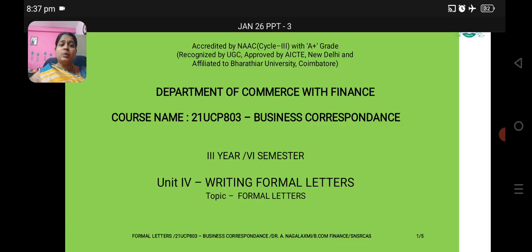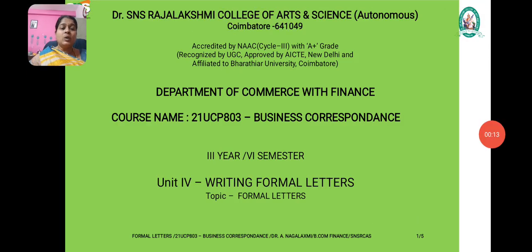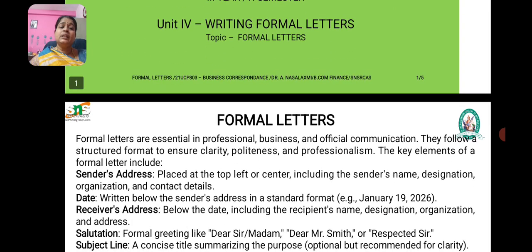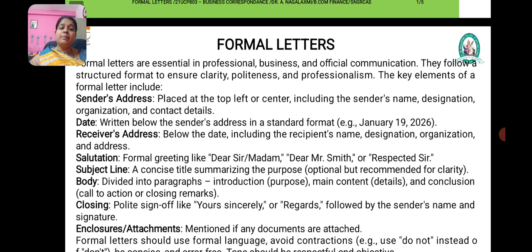I am here to explain a concept in the unit Writing Formal Letters, in the topic formal letters, in the course Business Correspondence. We should know what is meant by a formal letter. The word formal gives an idea that it should be a professional one.